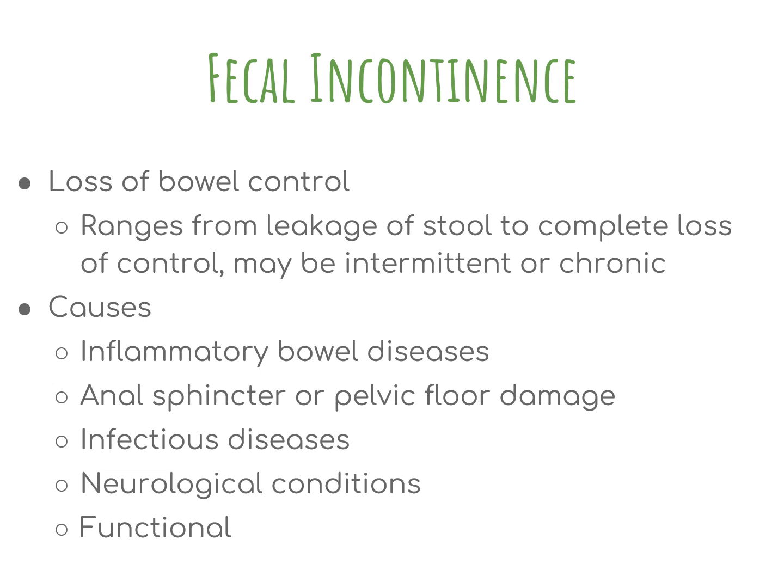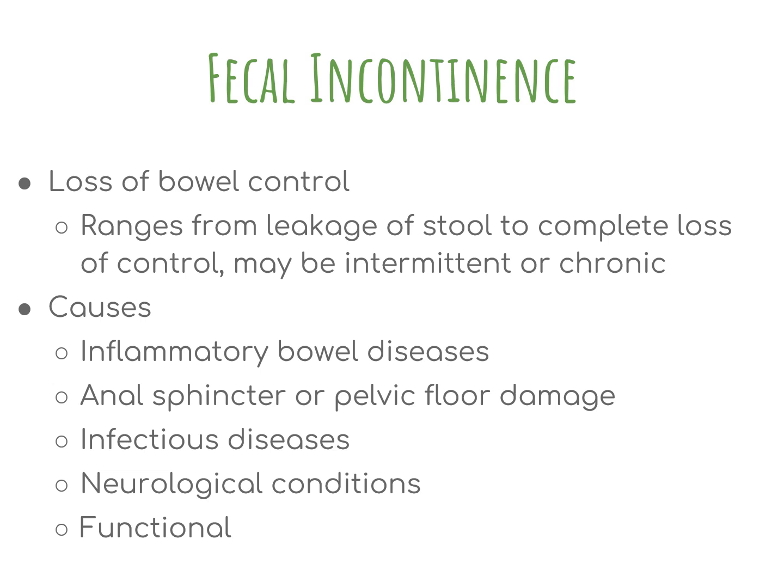Causes include inflammatory bowel disease, anal sphincter or pelvic floor damage, infections, so anything that causes diarrhea. Neuro causes include dementia, MS, as well as paralysis. Functional causes, not related to the GI system, but these include communication, mobility, and cognition factors.